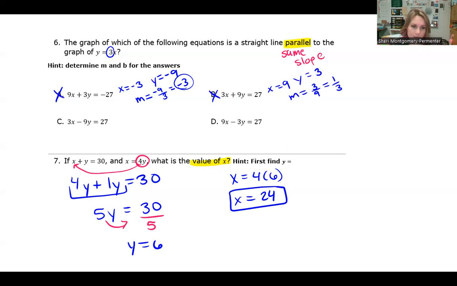Hold on, it can't be any of the other ones. Why could it not be C or D? Anybody know why it couldn't be C or D?